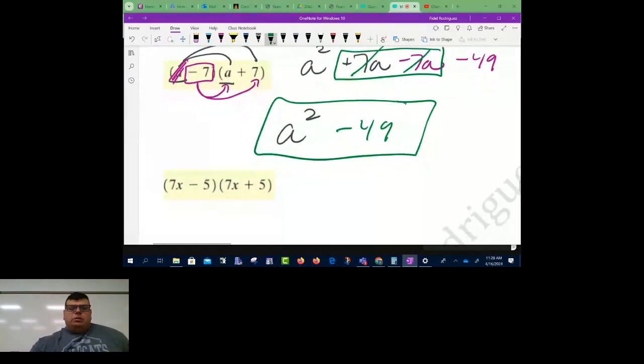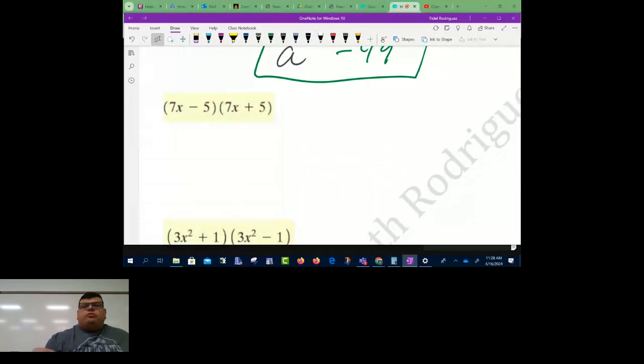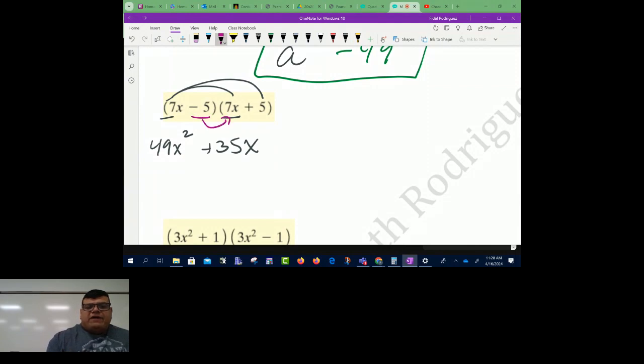All right. Let's try this next one. Y'all, again, I'm going to go through the process the same way. So look, y'all, 7 times 7, that's 49 x squared. 7 times 5, that should be 35 with an x. Y'all, negative 5 times 7, negative 35 with an x.